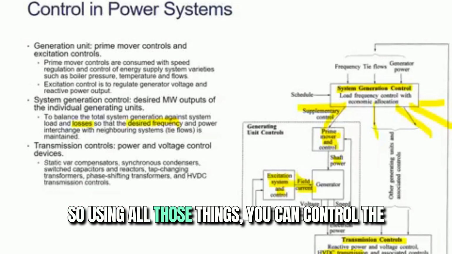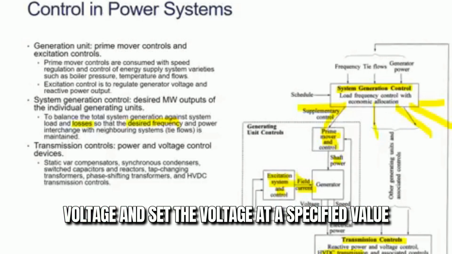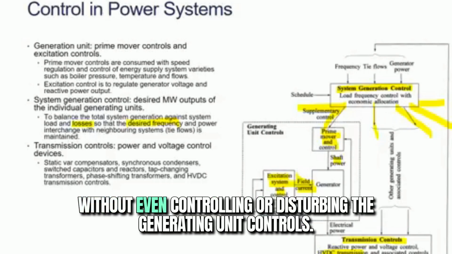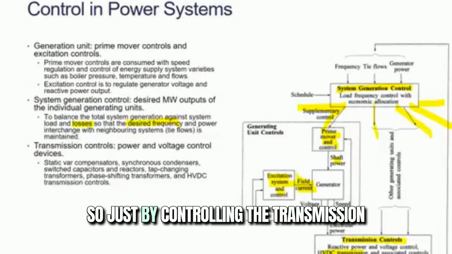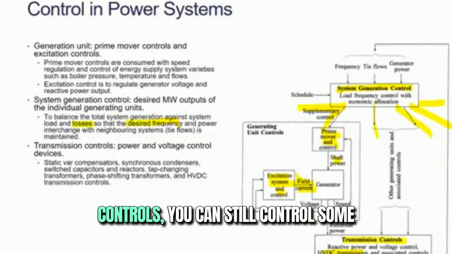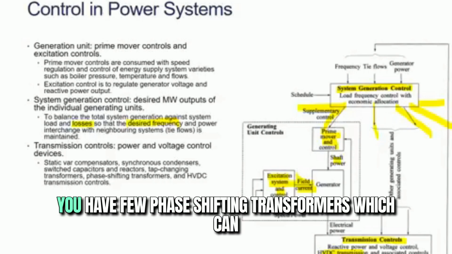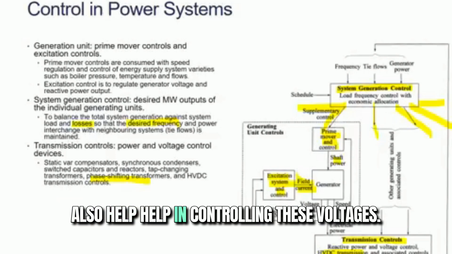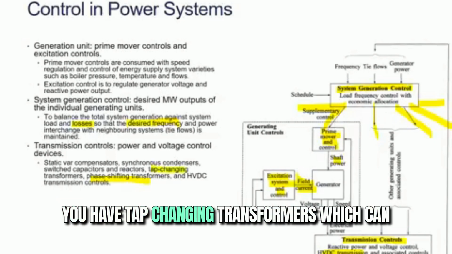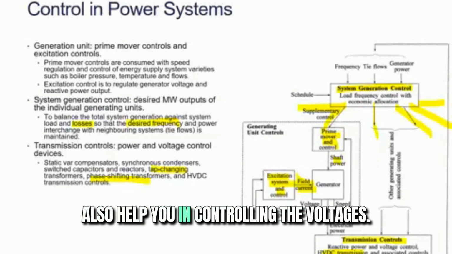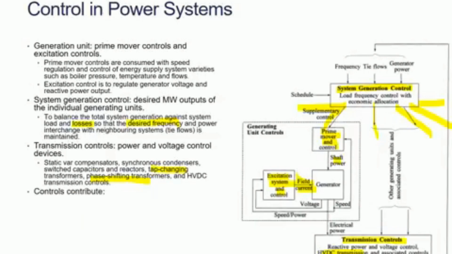So using all those things, you can control the voltage and set the voltage at a specified value without even controlling or disturbing the generating unit controls. So just by controlling the transmission controls, you can still control some of the voltages across the network. You have phase shifting transformers which can also help in controlling these voltages. You have tap changing transformers which can also help you in controlling the voltages.